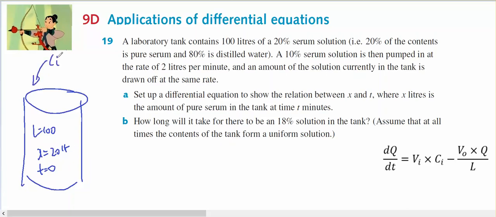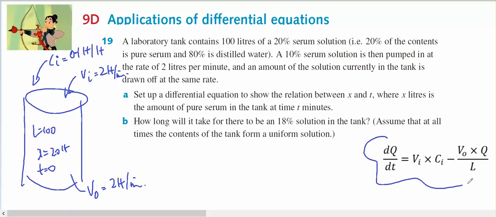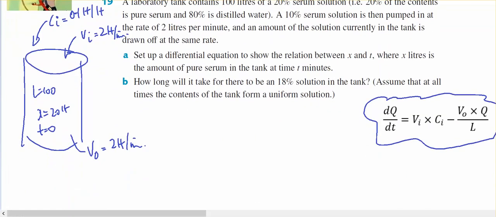And what's going in, V in, is 2 litres per minute and the concentration is 10%, so 0.1 litre per litre, because it's a liquid that's going in and 10% will be 0.1. And what's going out is the same. So I can use this formula from the notes about volume rate going in and volume rate going out.